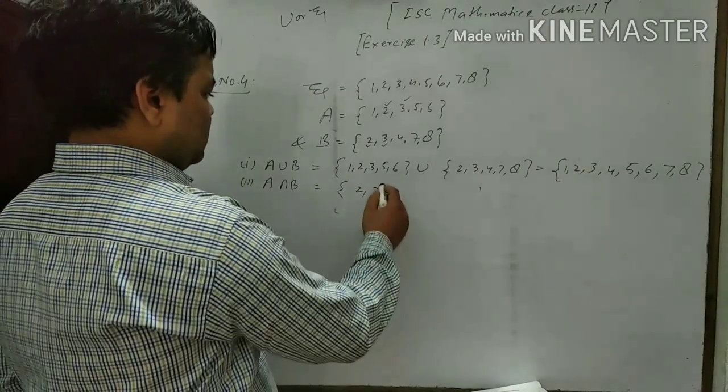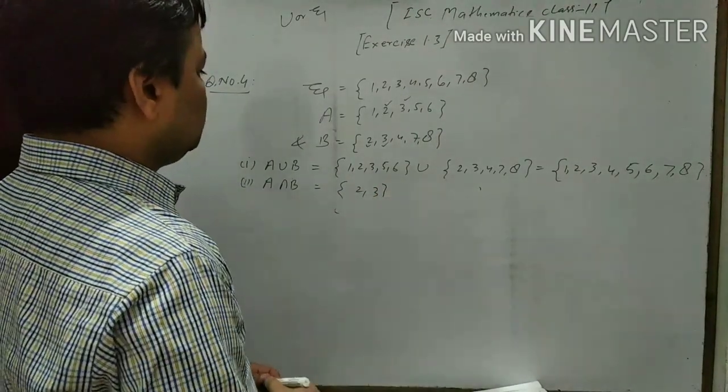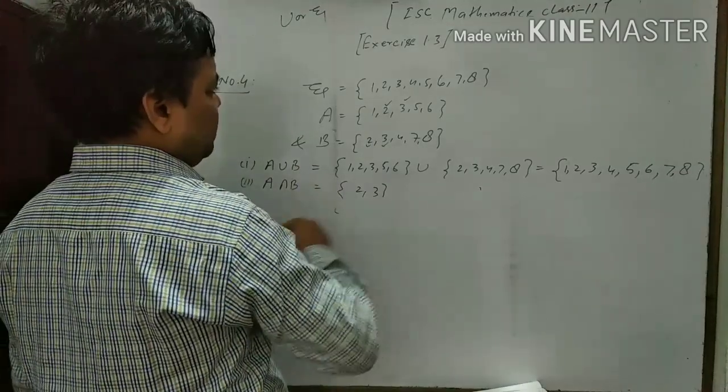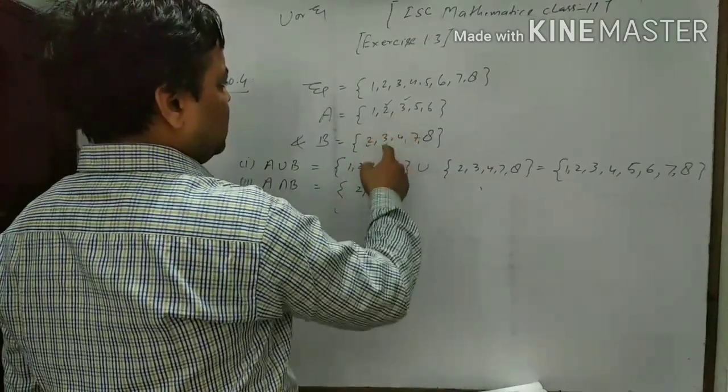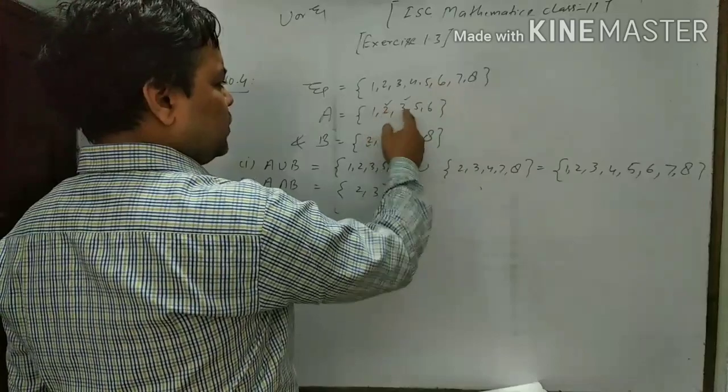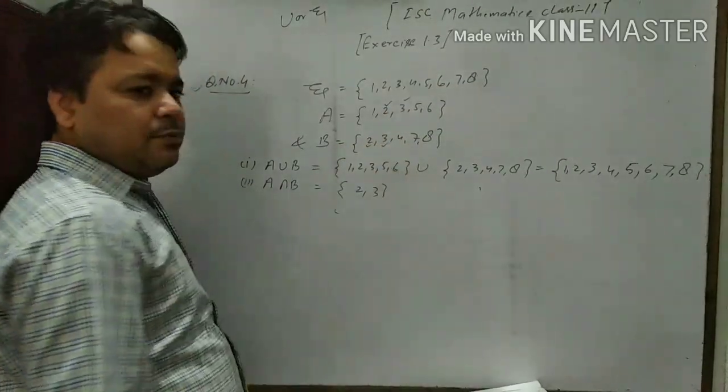So A intersection B will be only 2, 3, because 2, 3 in set A are common in set B also.